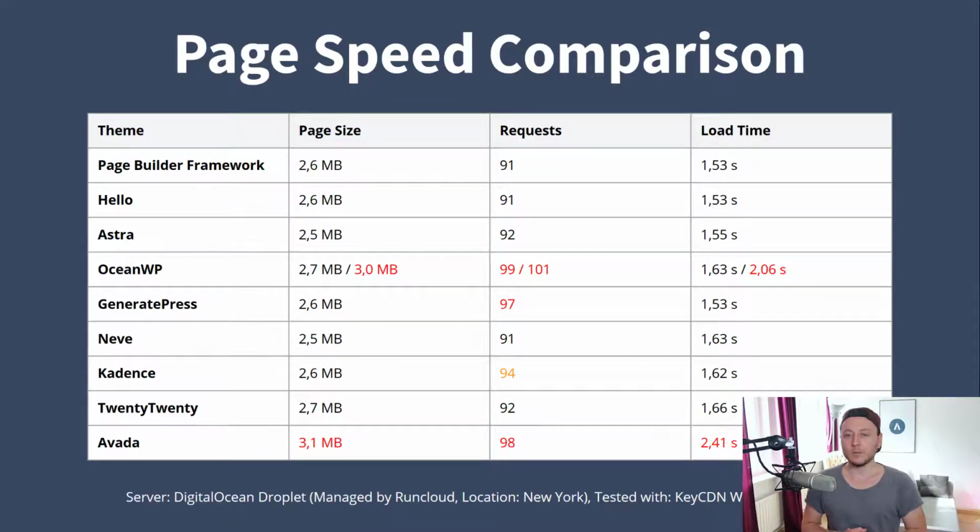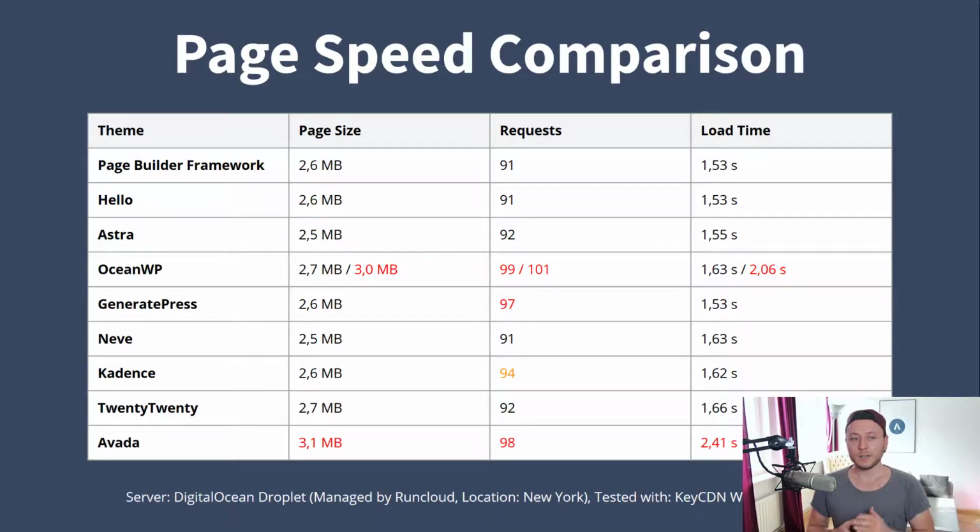The second column I want to look at is the load time, and the fastest quote-unquote themes here were Hello, Page Builder Framework, and GeneratePress. The only themes that stood out here are Avada, with 2.41 seconds, and OceanWP with the add-on plugin installed, which came in at 2.06 seconds.